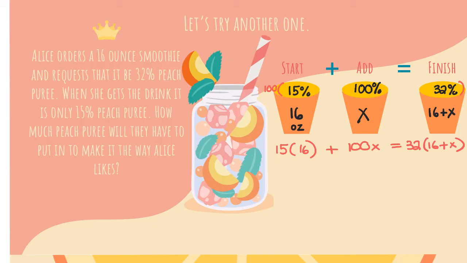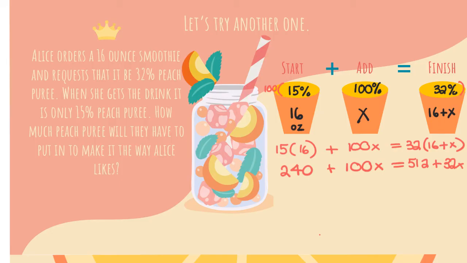So 15 times 16 will give me 240 plus 100x is equal to, I'm going to distribute that 32, get 512 plus 32x. I now have variables on both sides.